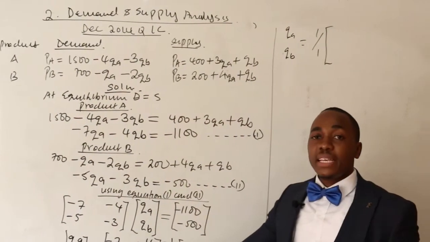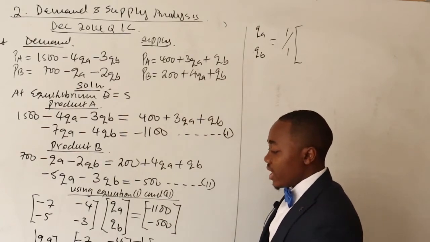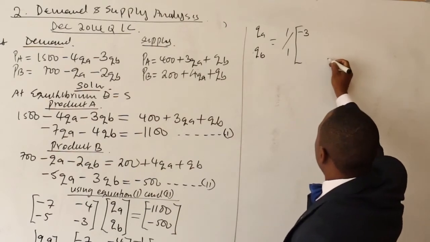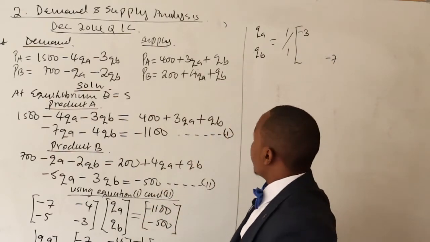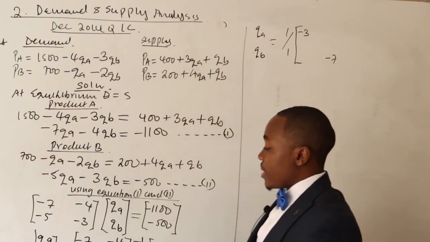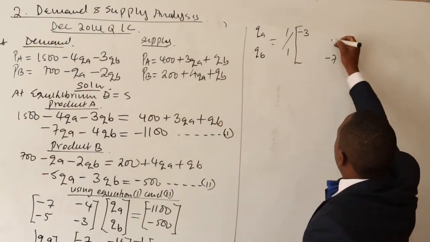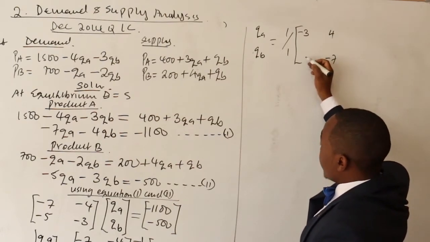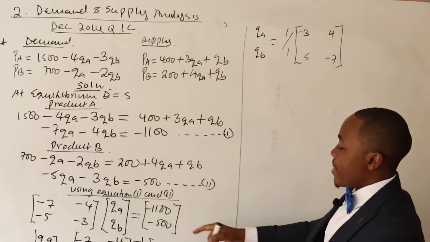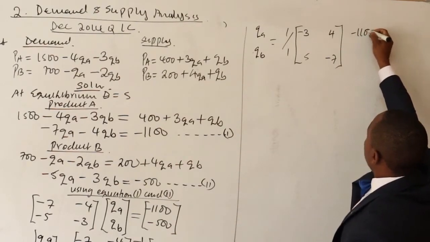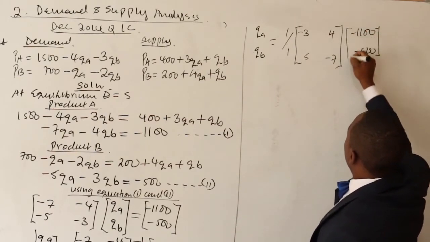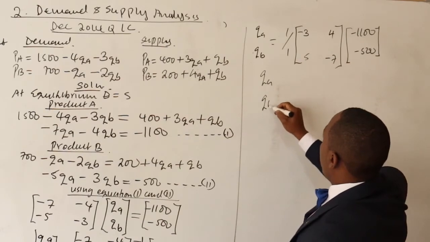Then for the major diagonal elements, we interchange: negative 3 goes up, negative 7 goes down. For the minor diagonal, you change the sign, so negative 4 and negative 5 automatically become positive: 4 and 5. Then you multiply by negative 11 and the other one is negative 500, like that.